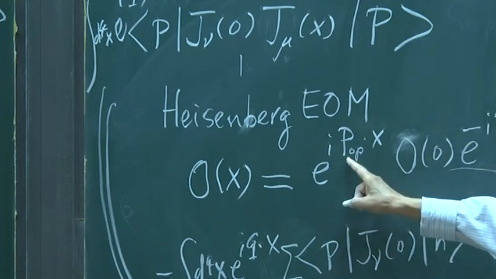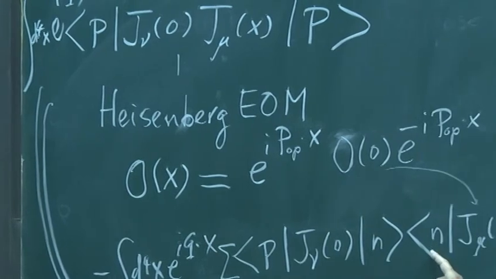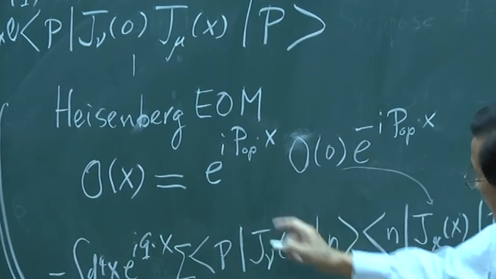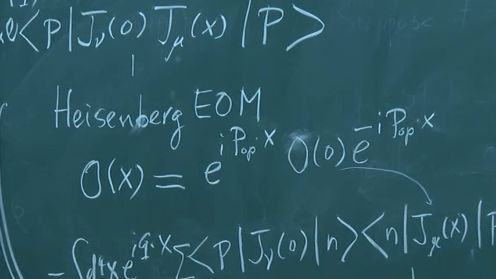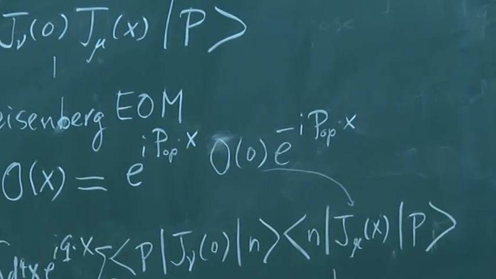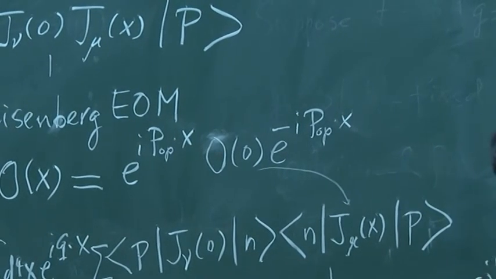Then this operator acting on this state will just reproduce for me the eigenvalue of this. So this becomes e^{ip_n·x}, and then I have j_mu of 0, and this one is next to this eigenstate, so this becomes the eigenvalue e^{-ip·x}. Is that okay?